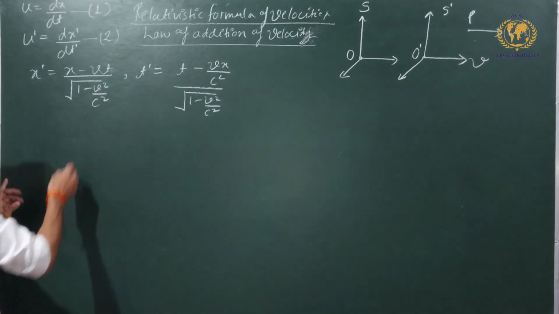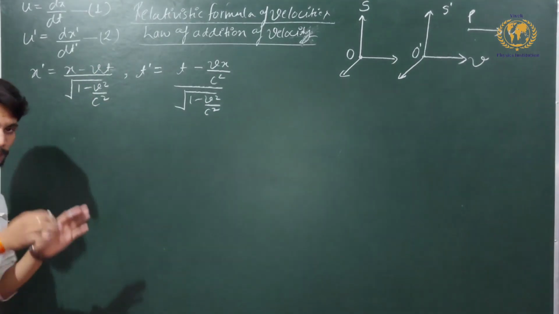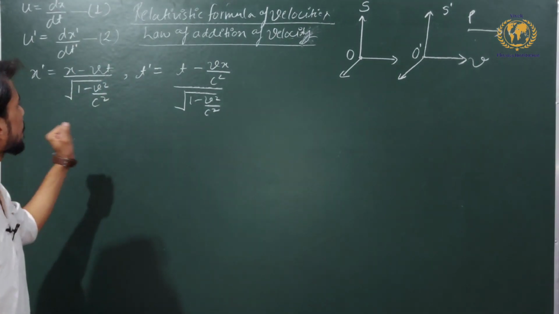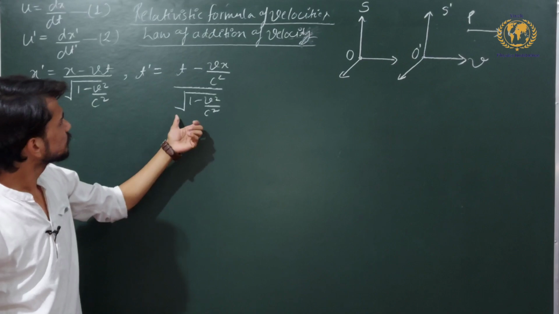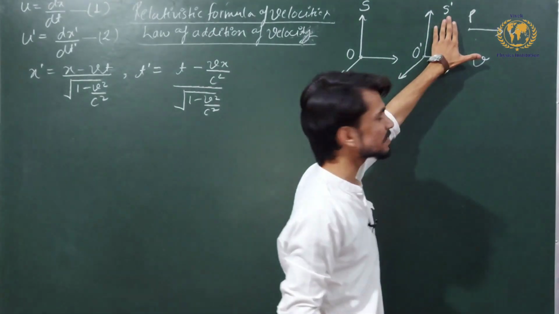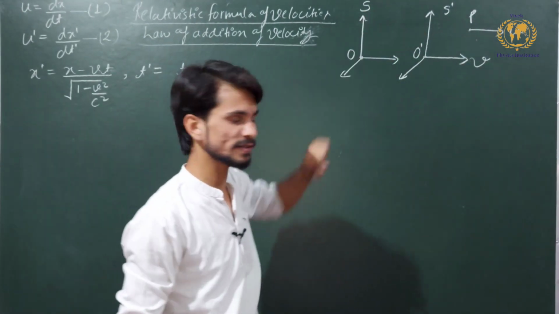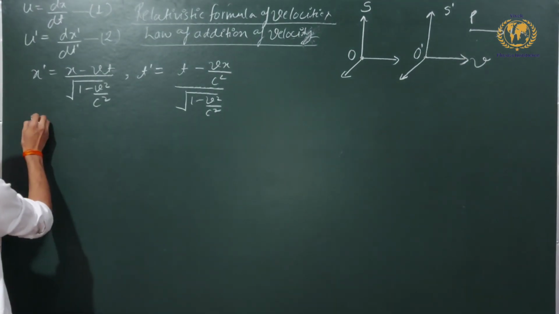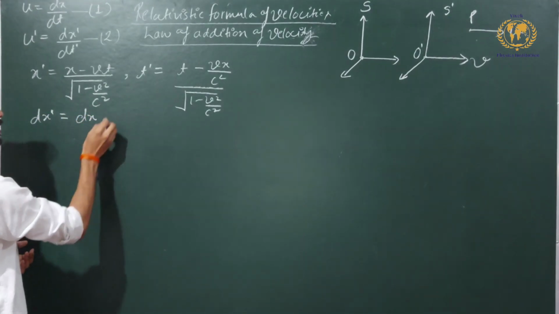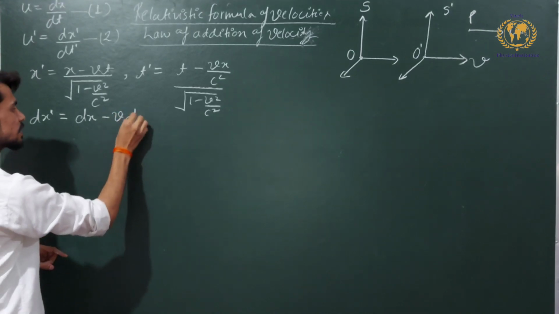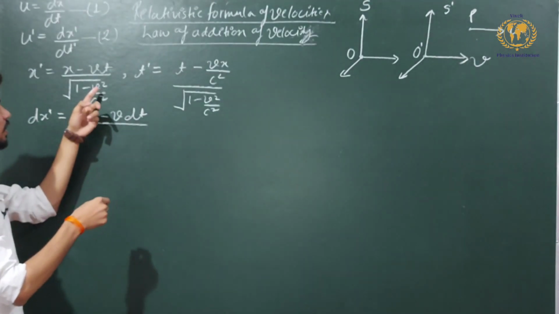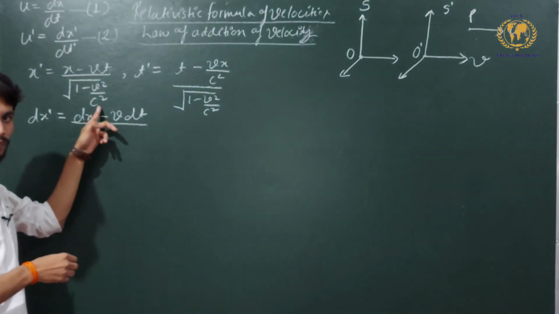Let me differentiate with respect to the variables, keeping in mind that v is constant as well as c, because v is the velocity of the frame of reference S dash, which is constant with respect to S. So the differentiation of this equation gives dx dash equals dx minus v dt, because v is a constant, divided by this complete factor, which is constant due to the constancy of v as well as of c.